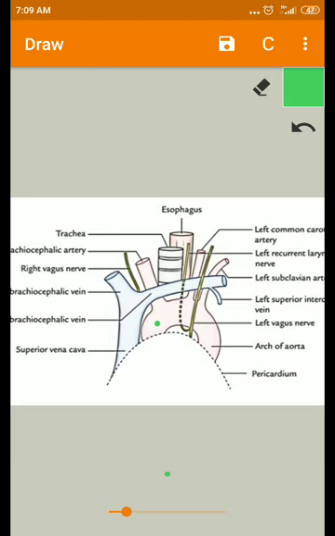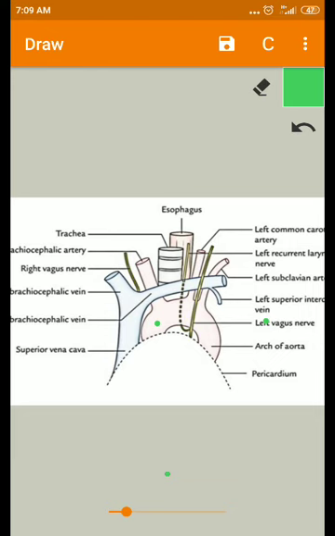This left brachiocephalic vein will have a tributary called the left superior intercostal vein, and the nerves are the left vagus nerve and right vagus nerve, and the left recurrent laryngeal nerve comes from the left vagus nerve.